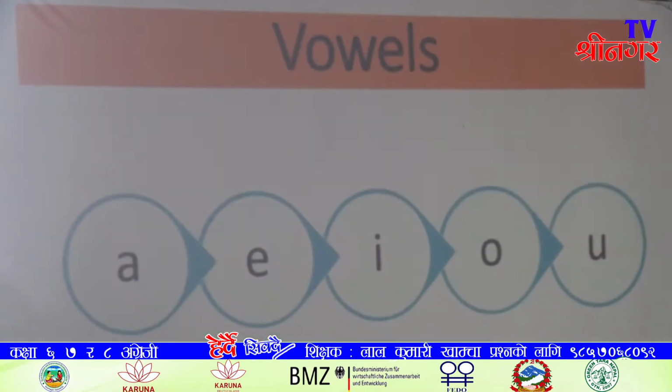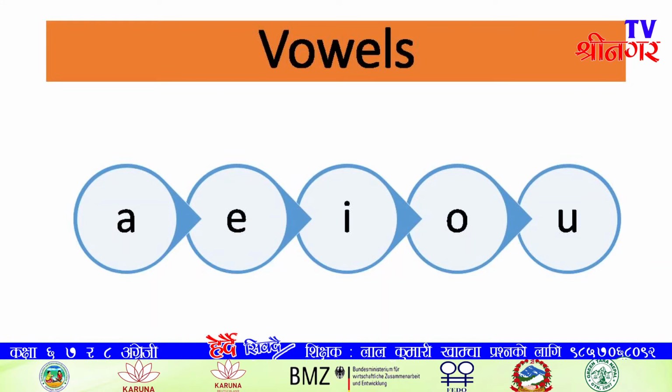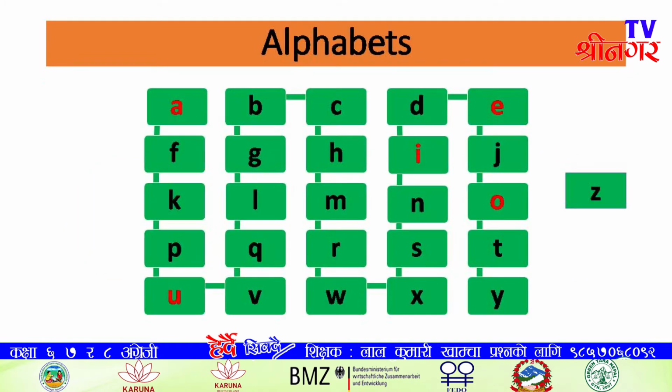These 5 letters are vowels. You know there are 5 vowels in the English alphabet. Okay, A, E, I, O, U. These are vowels, and all the other remaining letters are consonants.